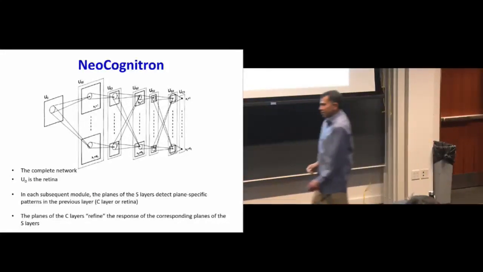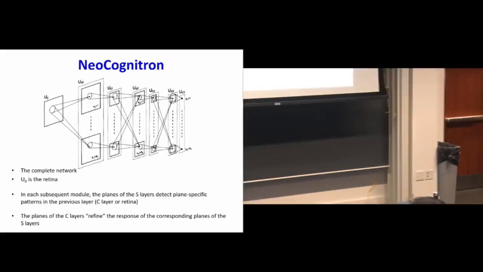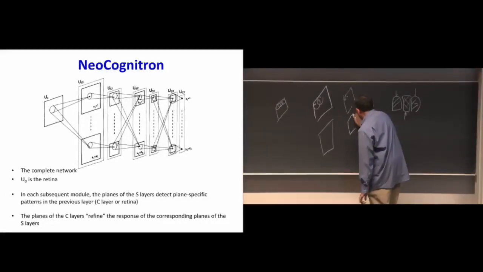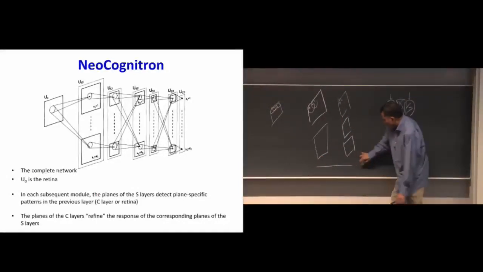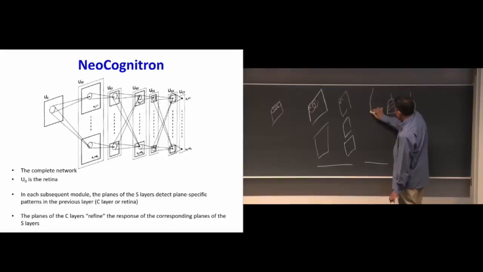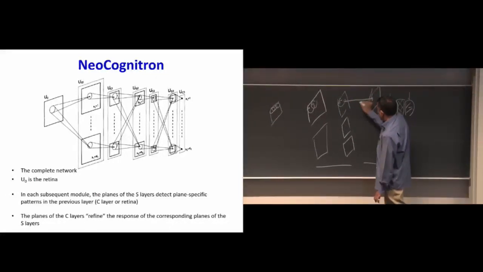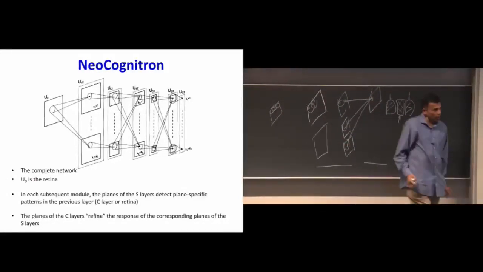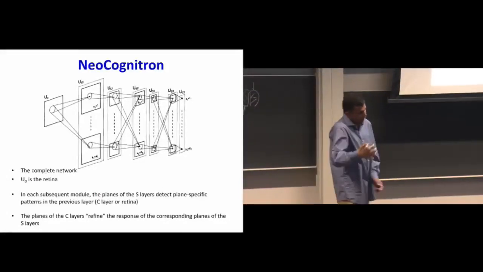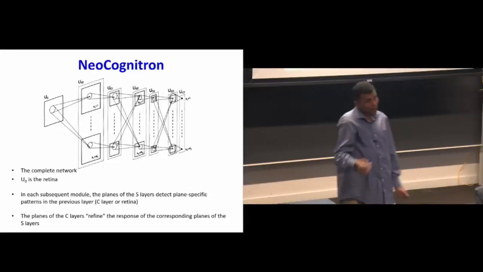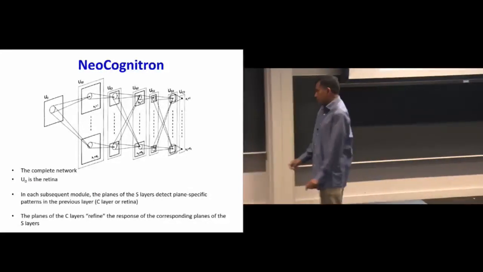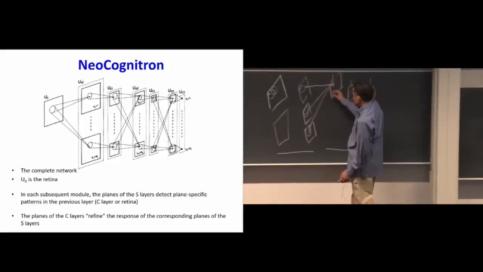So if you go to the next layer over here, you'd have all of these C cells in the first layer, and the next one you'd have an S plane, and this guy is going to look at this one over here and respond to the combination of these three. And again, you get this position invariant pattern across the entire plane, followed by another layer of C cells, which is going to just look at small regions within each S plane.